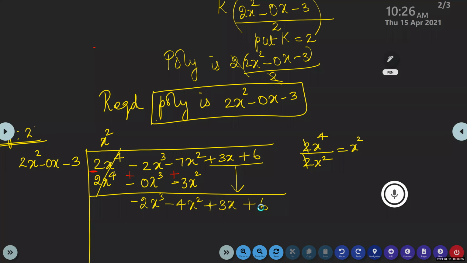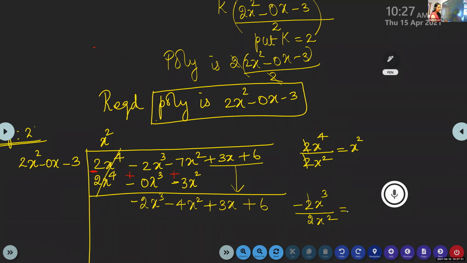Now what is the next term? Melvin, what is the next term of the quotient? Minus 2x cube by 2x square. 2 will get cancelled.